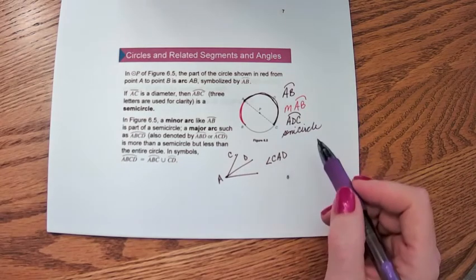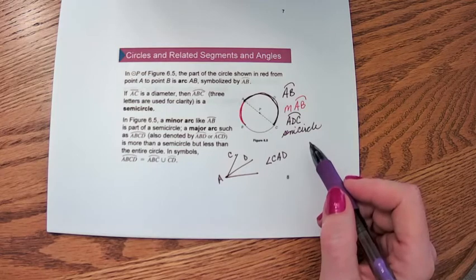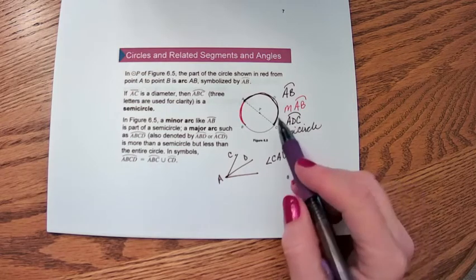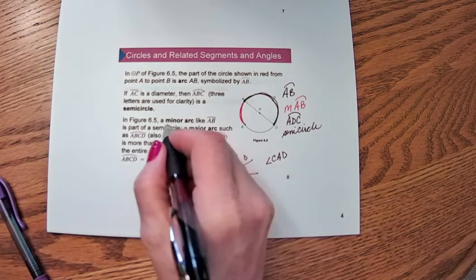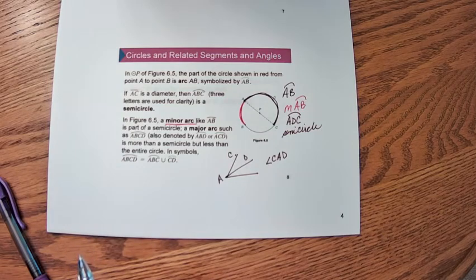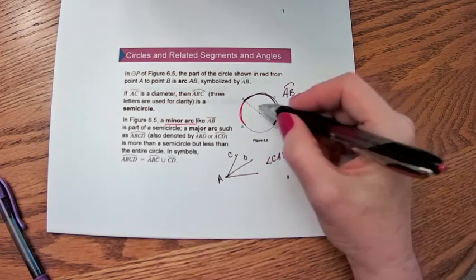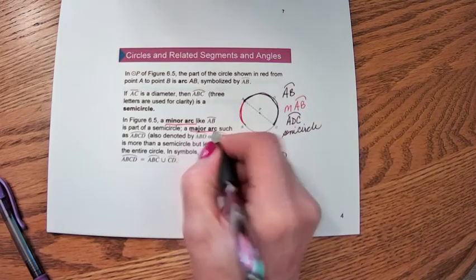So this is a semicircle. If an arc is smaller than a semicircle, it is called a minor arc. And if an arc is bigger than a semicircle, it's called a major arc.